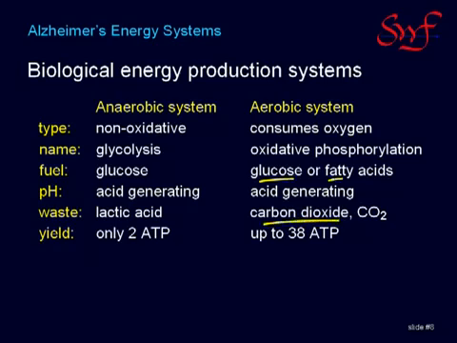The anaerobic system generates only 2 ATP per glucose partially burned, while the aerobic system generates 38 ATP from each glucose fully burned. 2 ATPs is enough to support life, but 38 ATPs is enough to support multicellular life, central nervous systems, and consciousness.